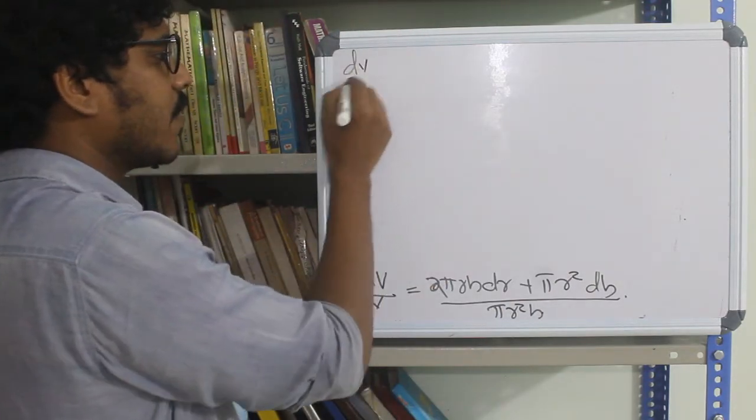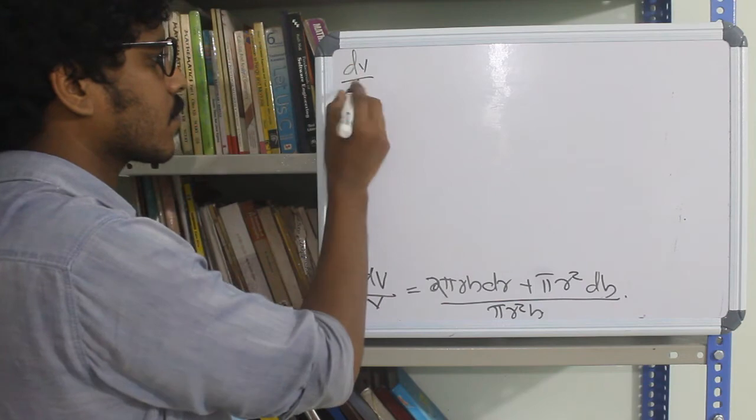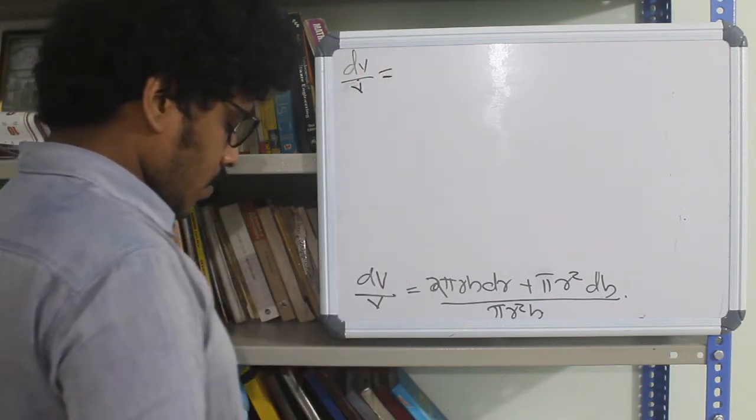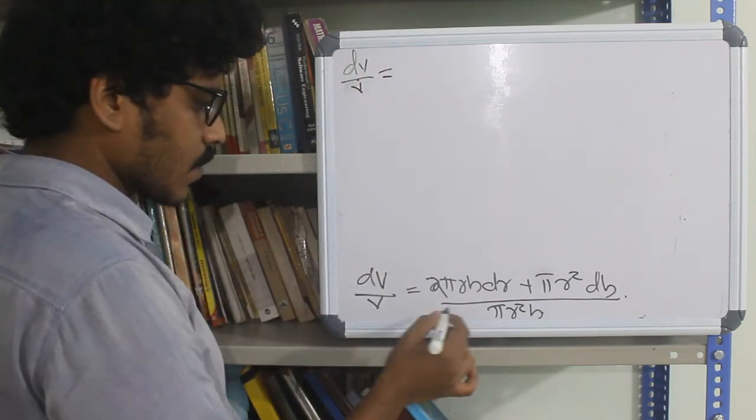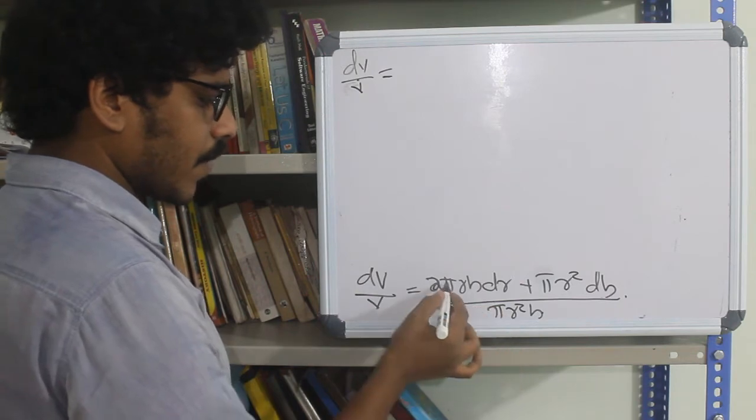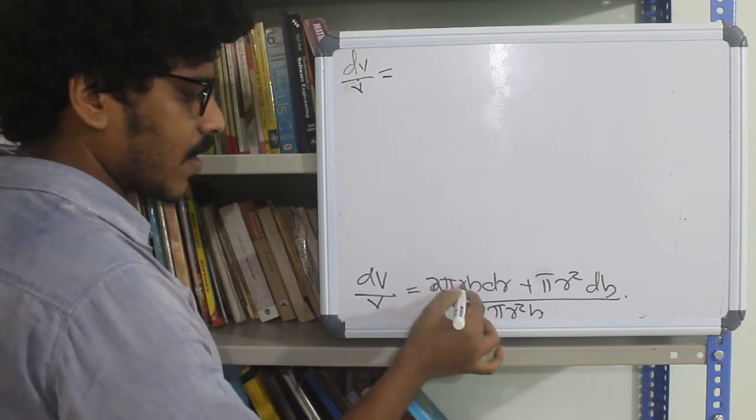So dV by V will be now, pi and pi can be cancelled, r square and an r can be cancelled out here.